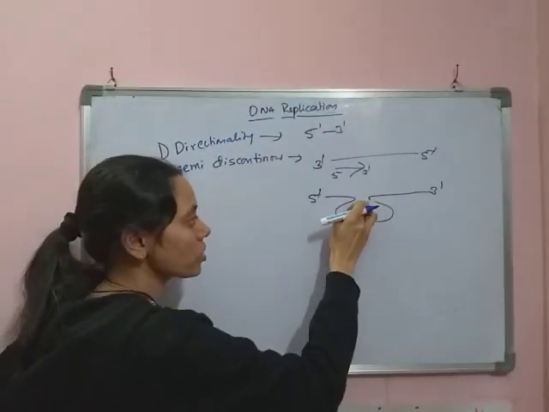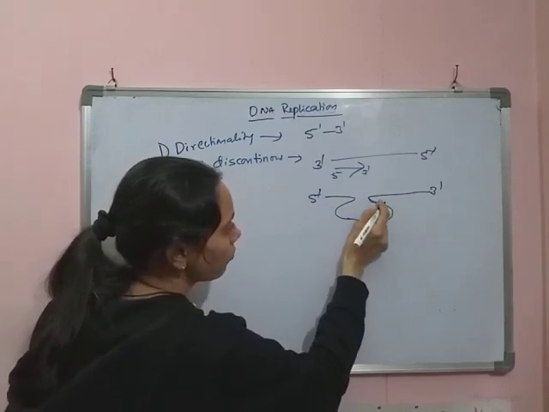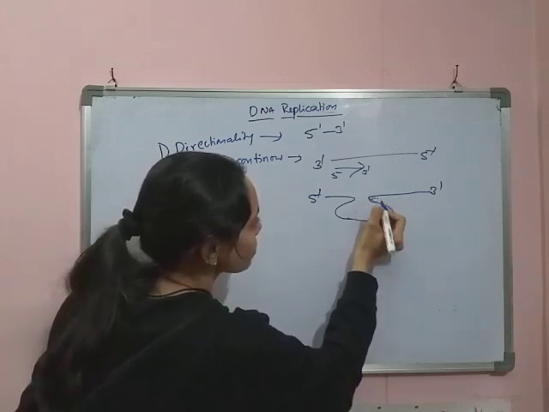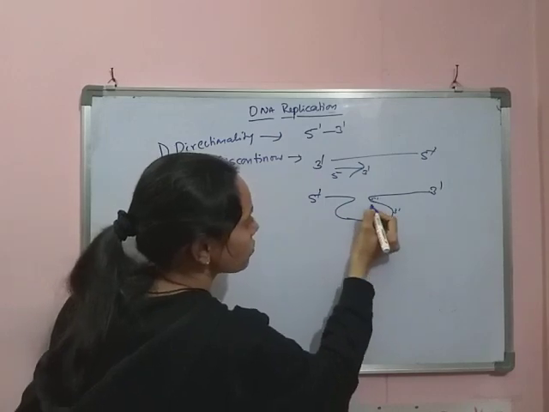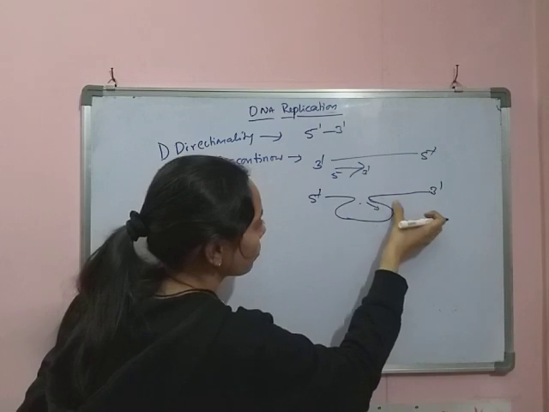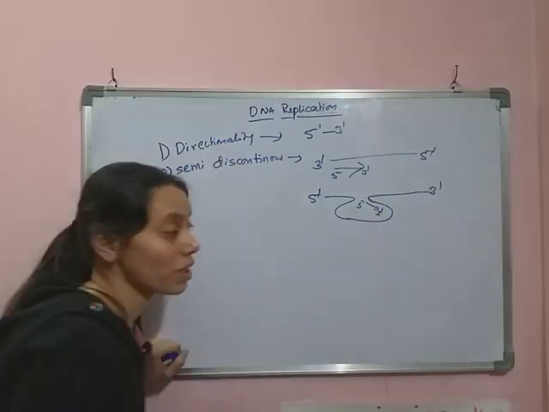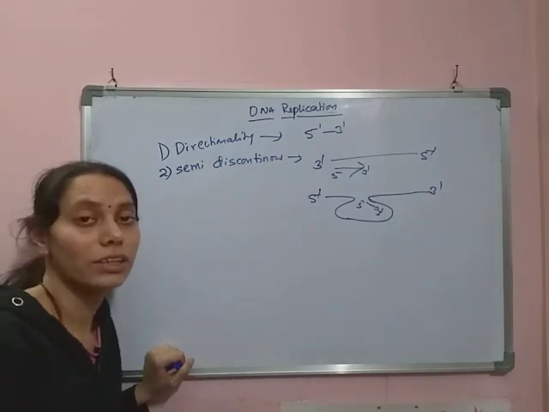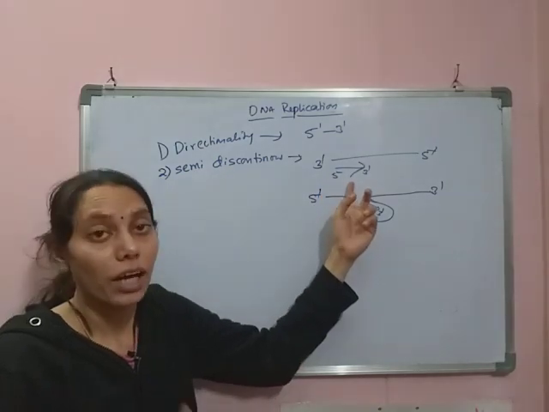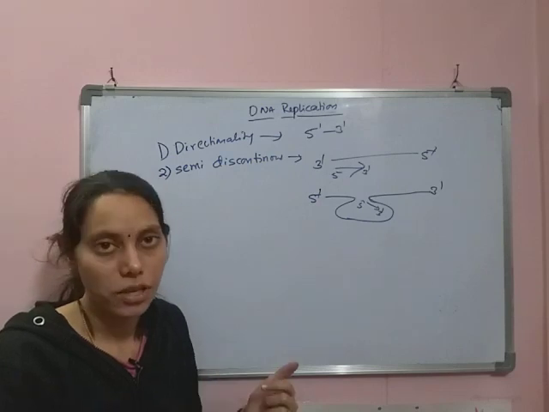Because of the loop formation, the DNA template is also oriented so that, with 5 prime and 3 prime here, the addition of nucleotides is carried out in the 5 prime to 3 prime direction, which matches exactly with the directionality of replication of the other strand as well as of the DNA replicative enzyme.